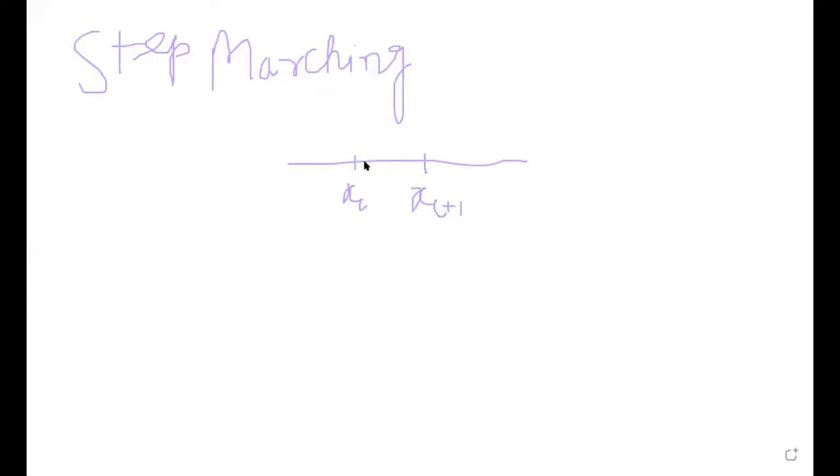So we have two pieces of information, and using the two we can use the linear approximation.